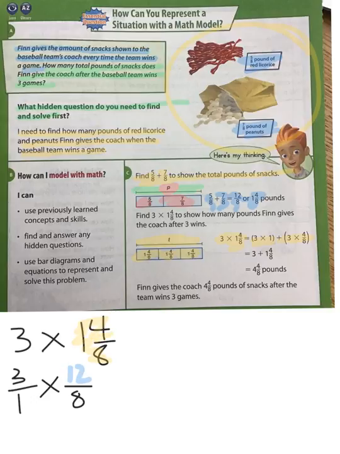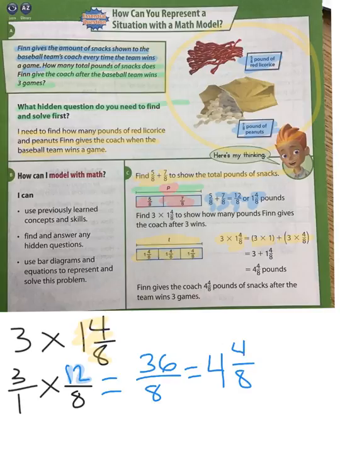I'm going to write that in pen, not highlighter, for you. And we just multiplied across. 3 times 12 is 36/8, and we just have to fix it. 8 goes into 36 4 times. Put your denominator. 8 times 4 is 32. 36 minus 32 is 4. So we end up with 4 4/8, or 4 1/2 pounds.